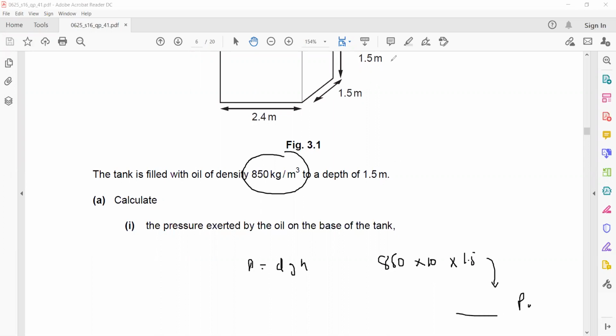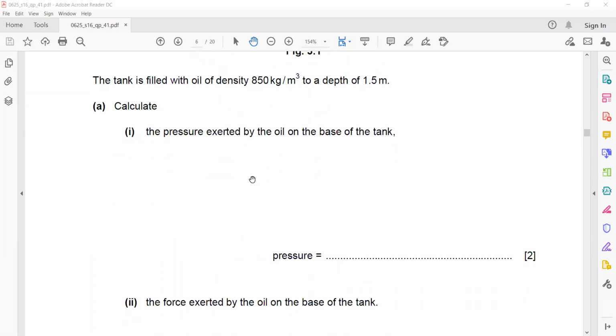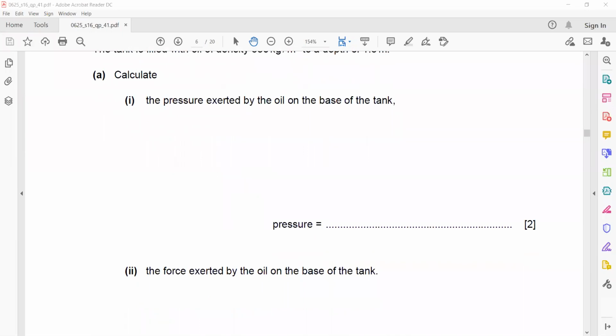Then the next part, the force exerted by the oil on the base. How to calculate a force if we know the pressure? We have the formula: pressure equals force divided by area. So force is pressure multiplied by area. The pressure we already calculated, that is 13,000 Pascal. And the area? You have to check the figure.